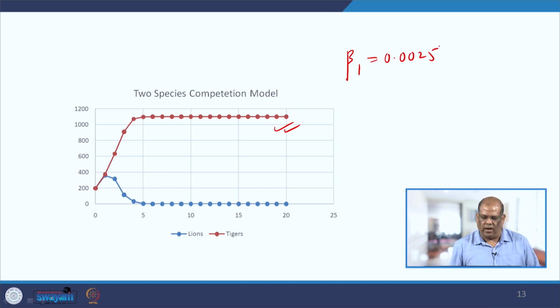Similarly, with another set you can show that the tiger species goes extinct, whereas the lion species survives. However, we always maintain that both the species survive, as seen in our real life scenario in the real jungle.